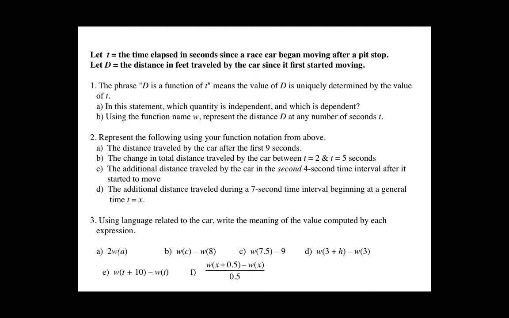Part D, W of 3 plus H minus W of 3. So that's again one of these subtracting two function notation expressions. So we can talk about it as a change in distance or a change in position of this car.